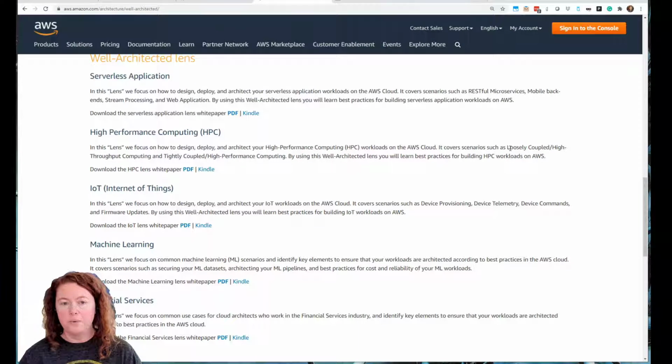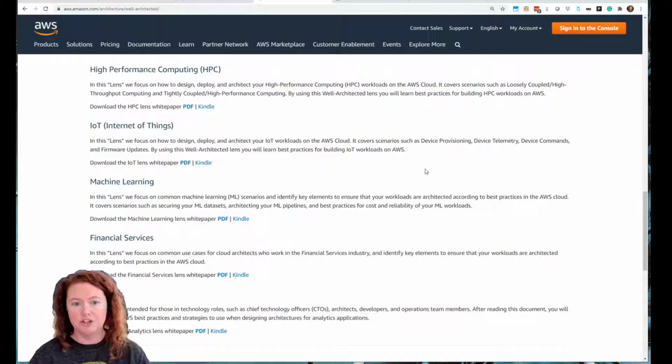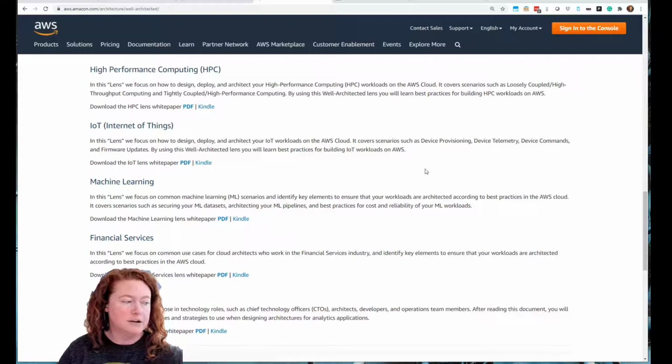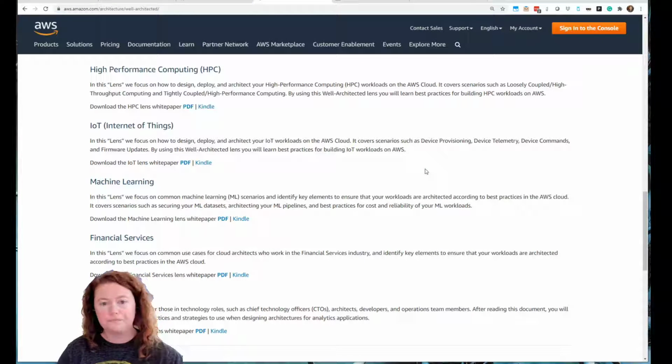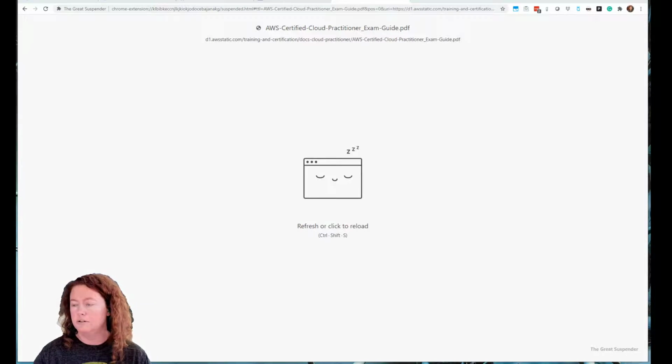So different ways that you can look at, like in the serverless, design, deploy, and architect your serverless application, design, deploy, and architect your high performance computing workloads. So it is definitely in your best interest to go through this and read and understand what they are getting at, so that you can learn the best practice way these things should be created.